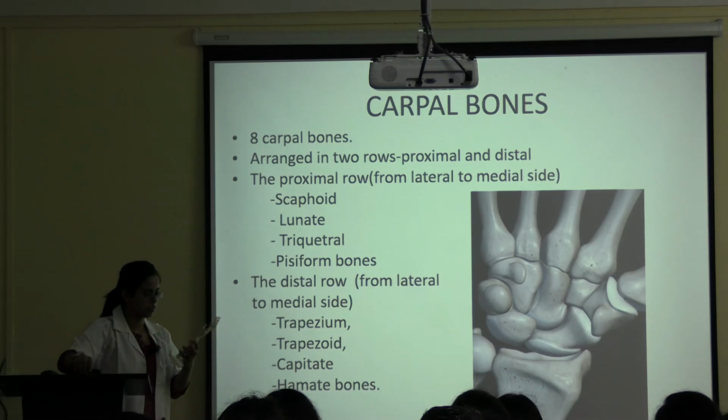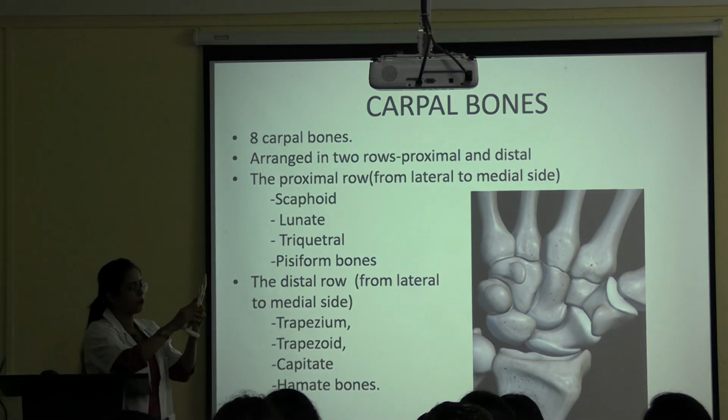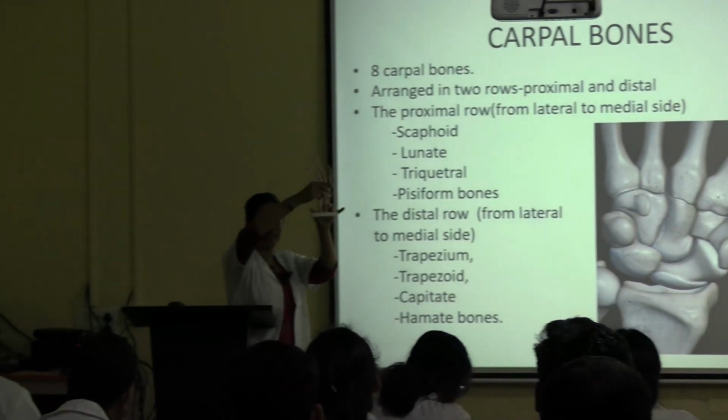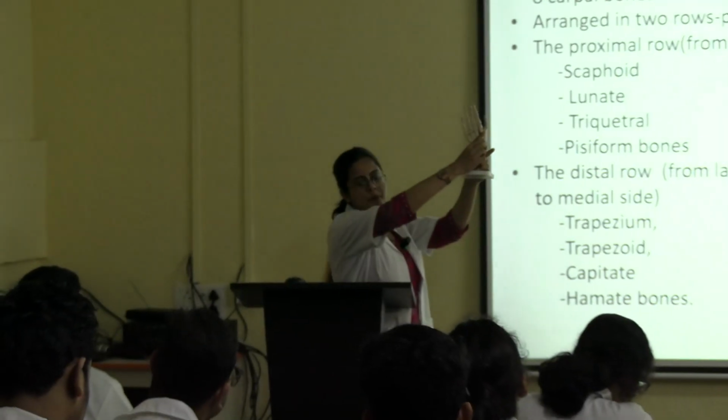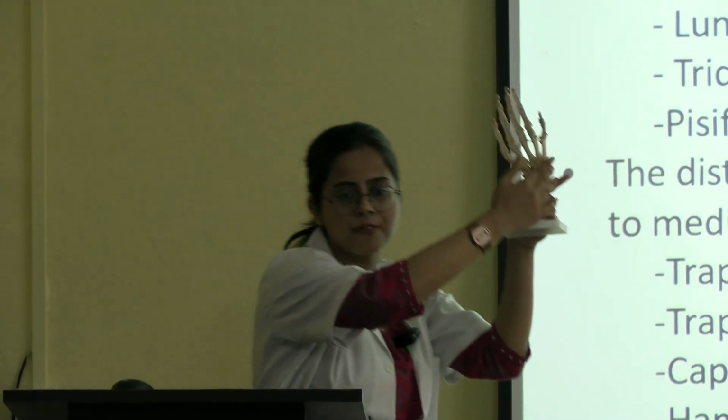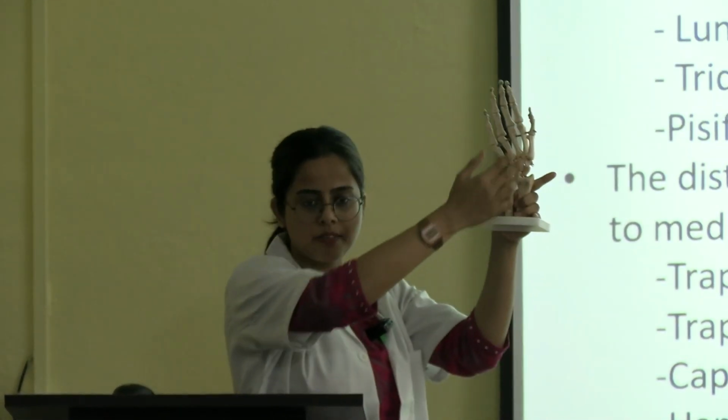Okay, so it has a prominent ridge over here. You can see in the bone. You can feel it later when I will give you the bone. It has a prominent ridge here, which is dividing it into a larger lateral surface and a smaller medial surface.